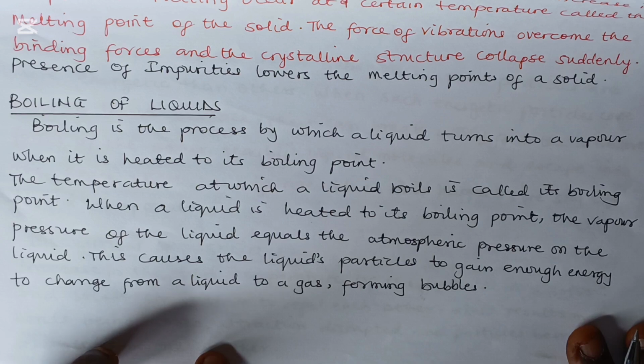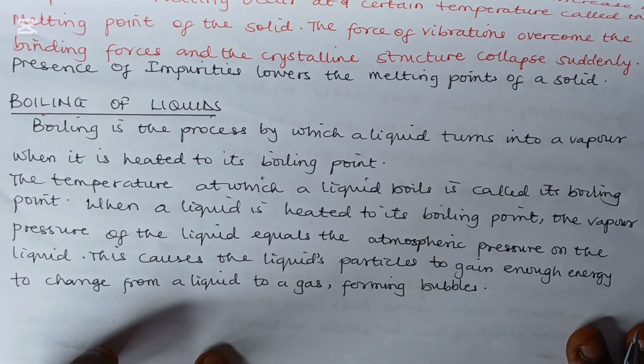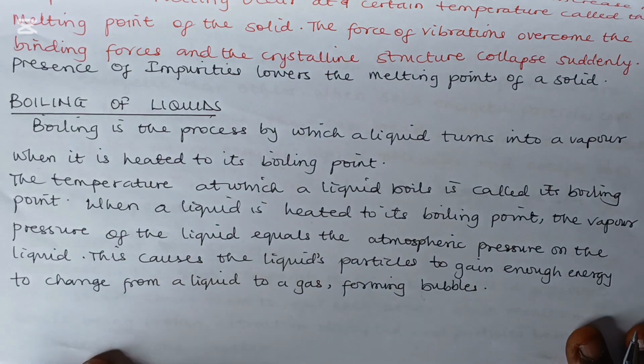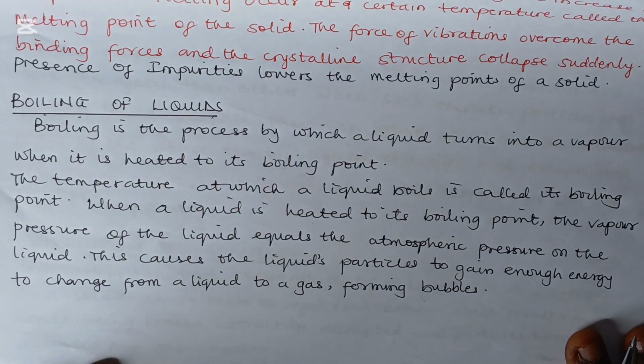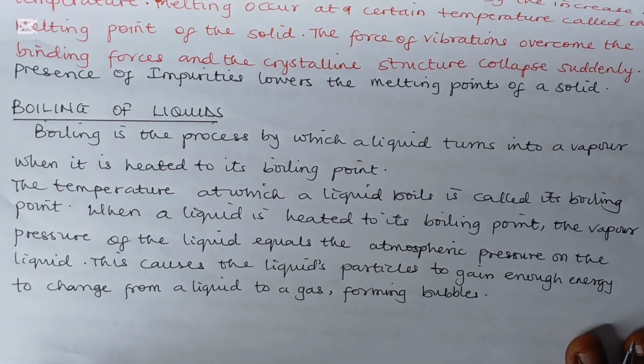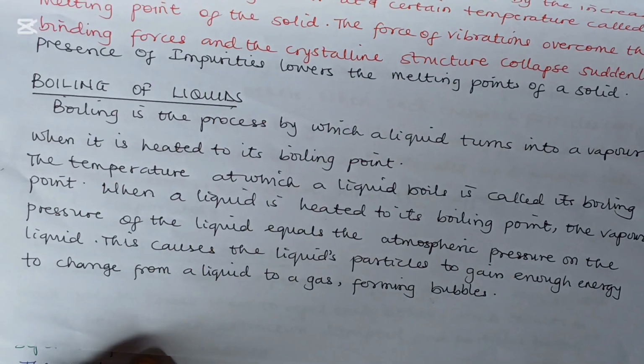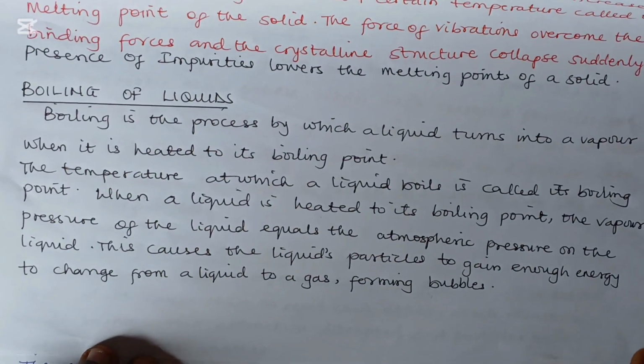This causes the liquid particles to gain enough energy to change from a liquid to a gas, and they form bubbles. At this point, evaporation can take place. So I would like you to see how boiling takes place, to understand better and to see how the particles collide with themselves and with the wall of their container.